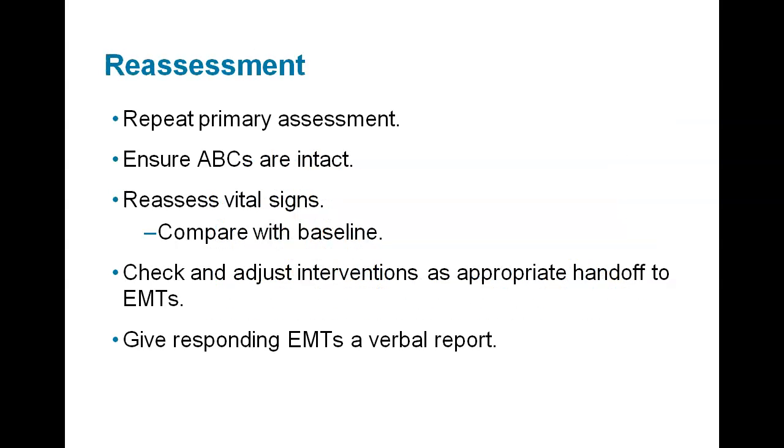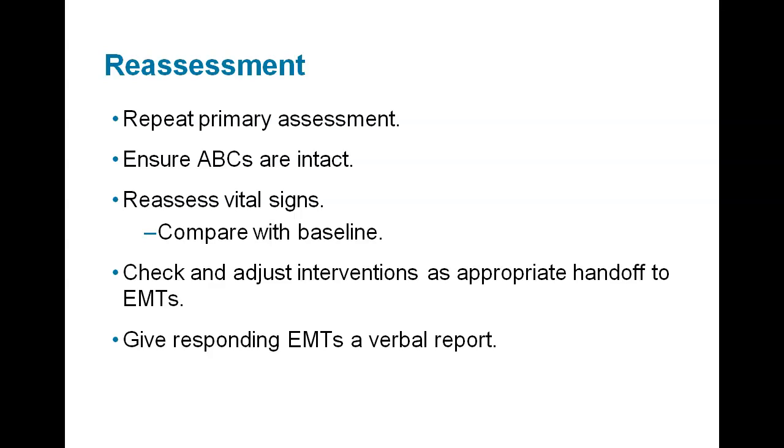Okay, so just to summarize all of this, remember the 4 components of patient assessment are going to be the scene size up, right? It's going to be the primary assessment.